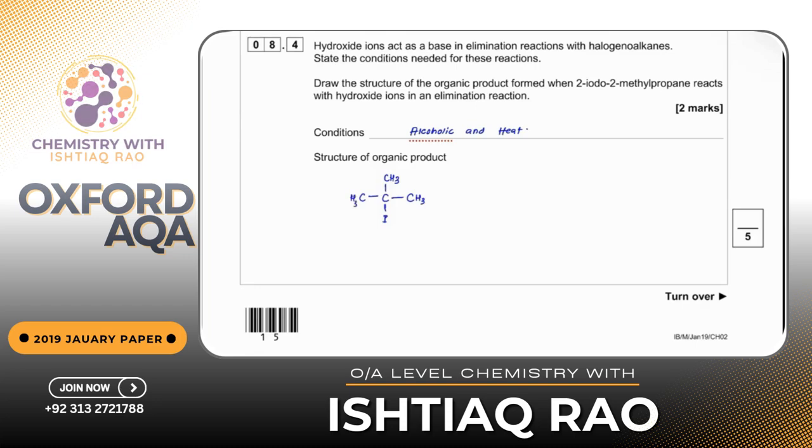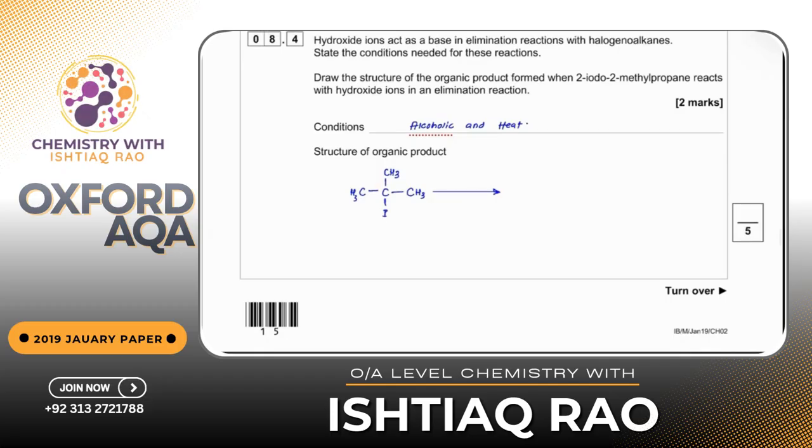When I eliminate it, as a result of this, I would say that would be the product, because HI is removed. We can also remove it from the right hand side as well, the same thing. This would be the product. Okay.